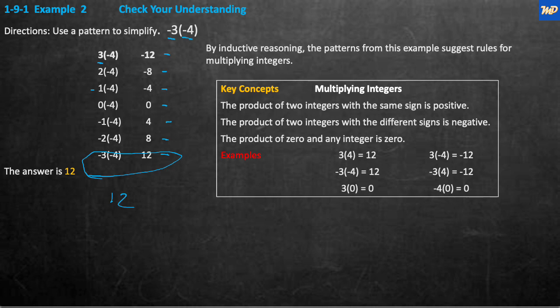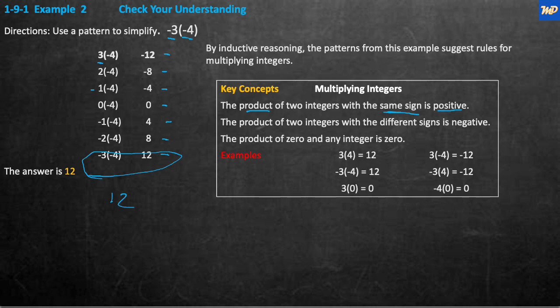Then, by inductive reasoning, they're saying here, the patterns from this example suggest rules for multiplying integers. Well, what are those rules? So, multiplying integers, these are key concepts. The product, that's multiplication, of two integers with the same sign is positive.